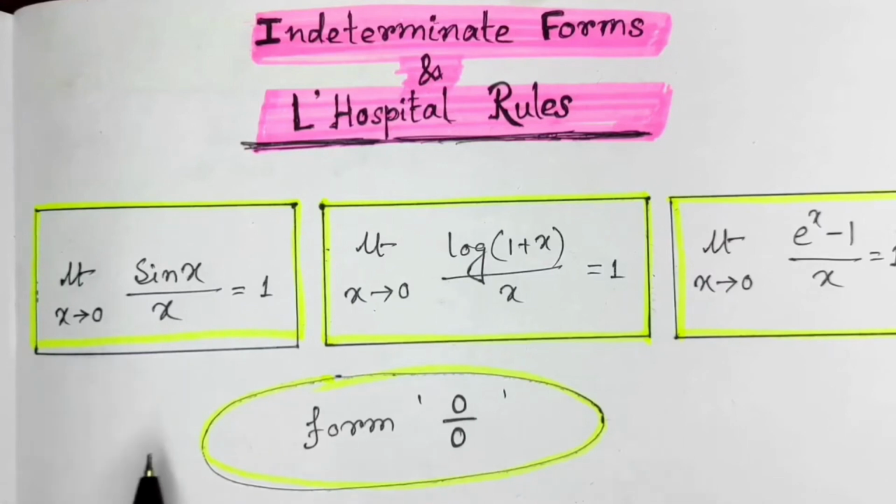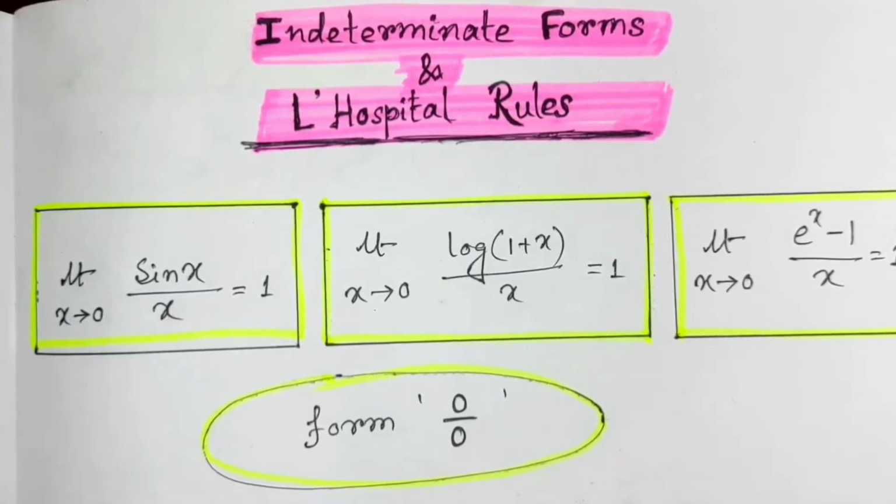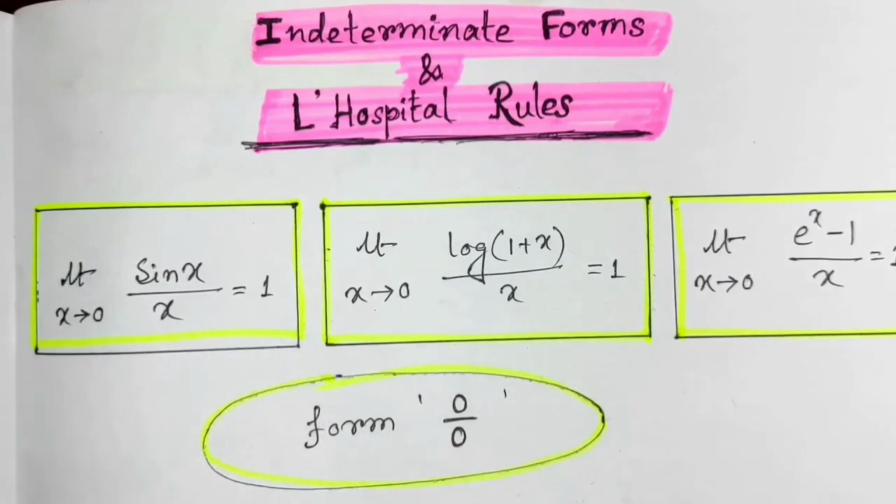If we take the limiting value of the numerator and denominator individually and find that both limiting values are 0, then we say the function is in indeterminate form.